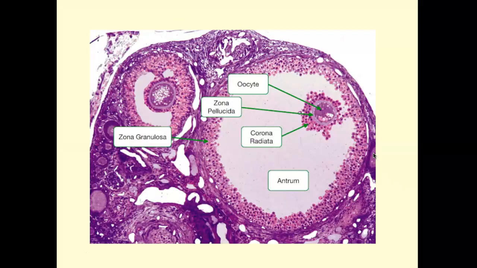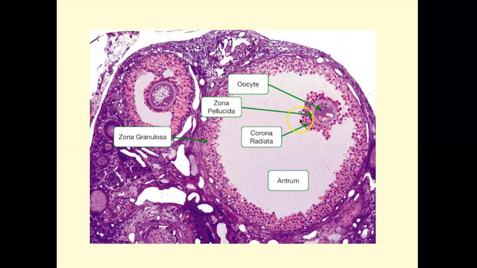So looking at our nice tertiary follicle, right? This is going to be a huge antrum. So you can see the word here. Here is our corona radiata, the collection of cells that stay with our oocyte. This should be secondary oocyte, right? And then there's another structure here called the zona pellucida.